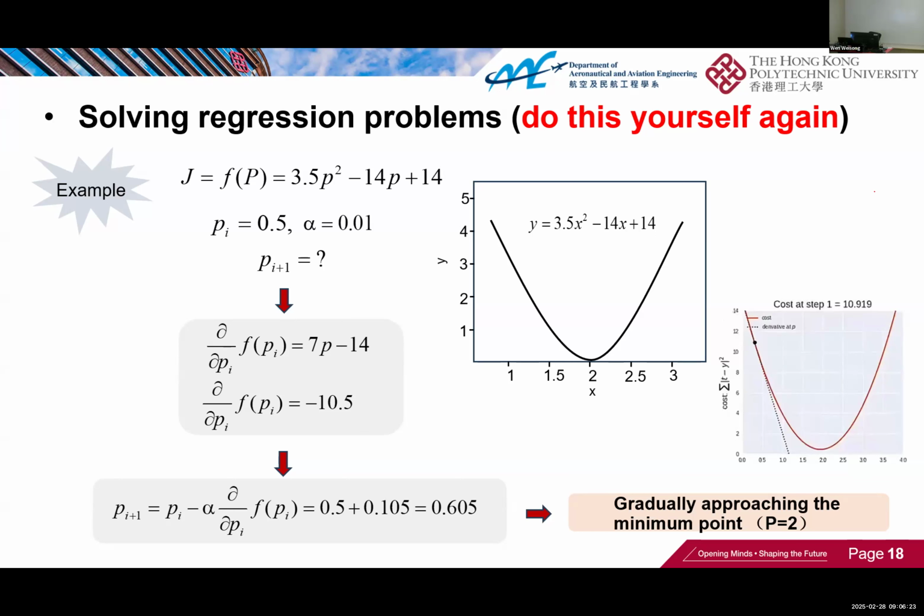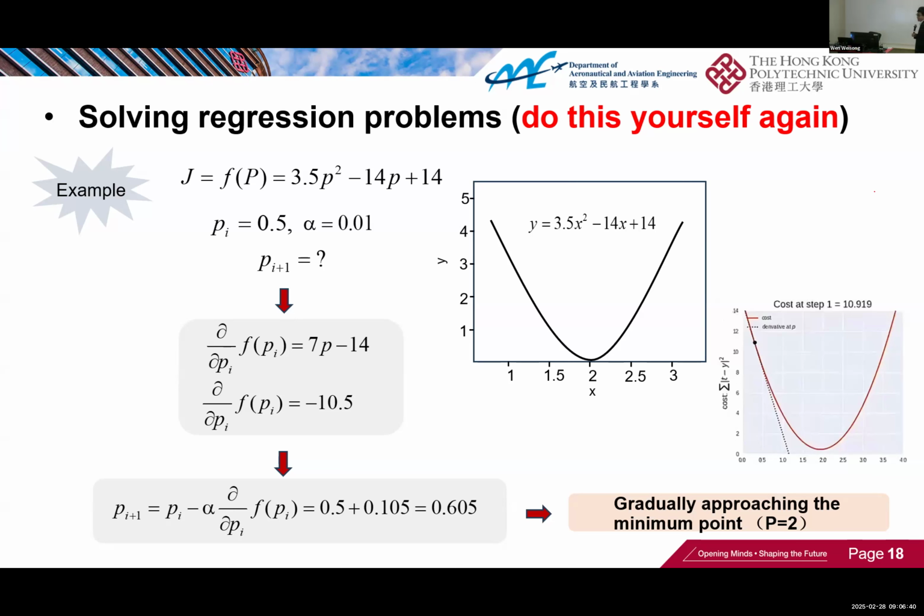The solution is the gradient descent I just mentioned. First, you define J equal to f(P), where P is the same as x, the variable: 3.5 P squared minus 14P plus 14.